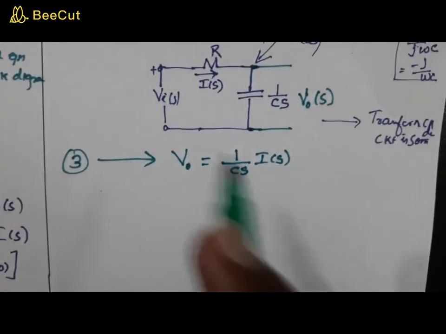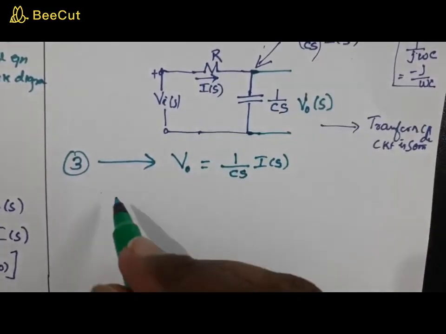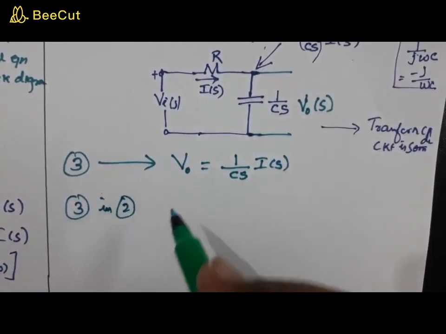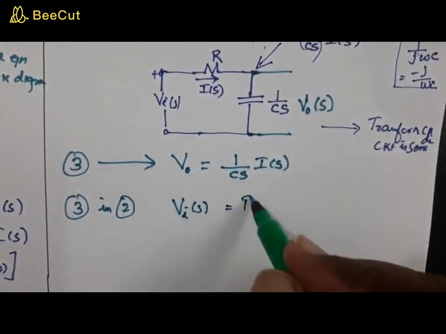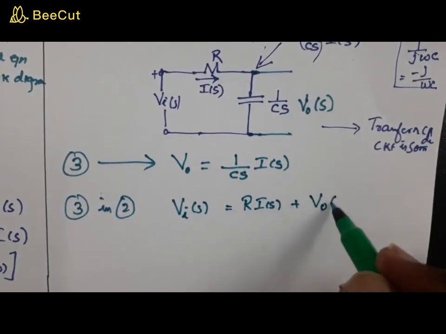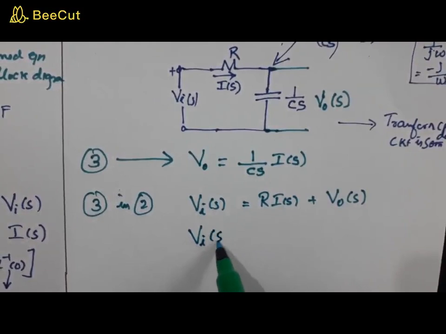Now, what happens when you substitute 3 in 2? We get Vi of s is equal to R into I of s plus V0 of s. Now you can have a slight rearrangement.